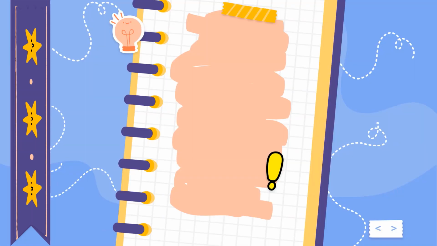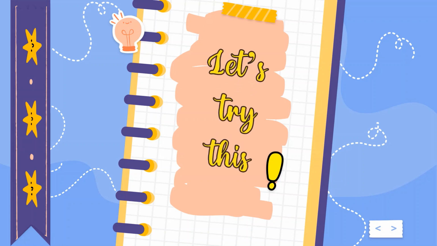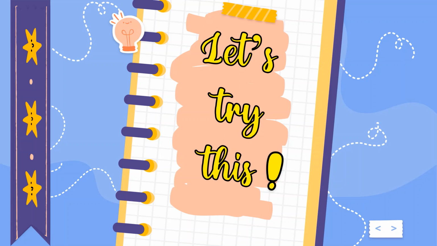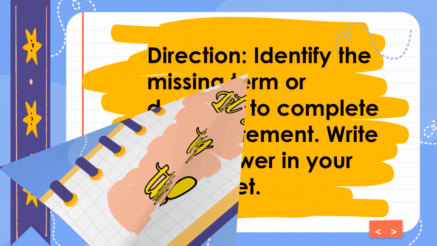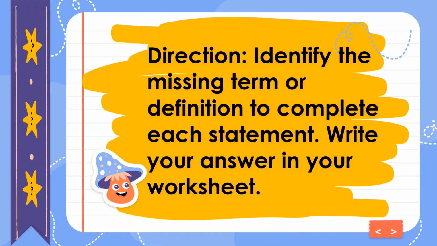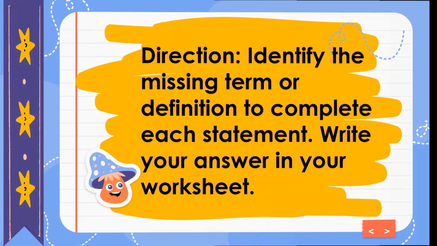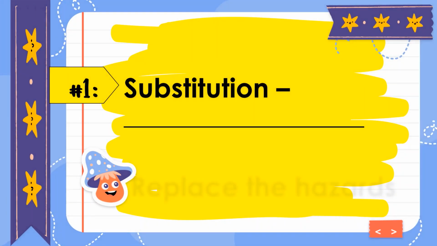Since we're done exploring the hierarchy of control and procedures in controlling it, let's see what you have learned by trying this activity. Identify the missing term or definition to complete each statement. Write your answer in your worksheet. Number 1.